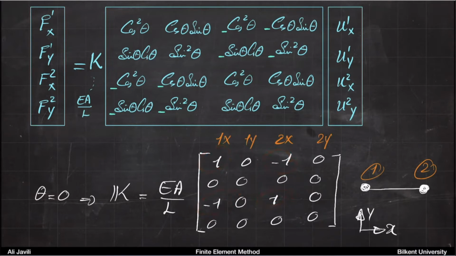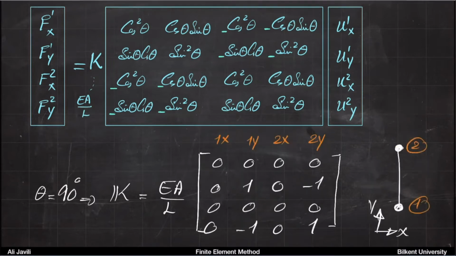So these 2 matrices, or these 2 elements, in their own coordinate system, would have just a stiffness which would have looked like this. The same holds here. So in a rotated coordinate system, it's always the same 1, minus 1, minus 1, and 1.